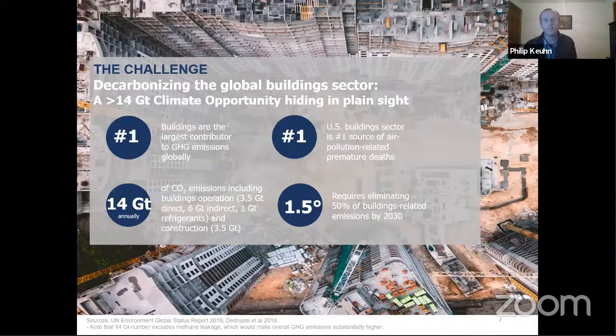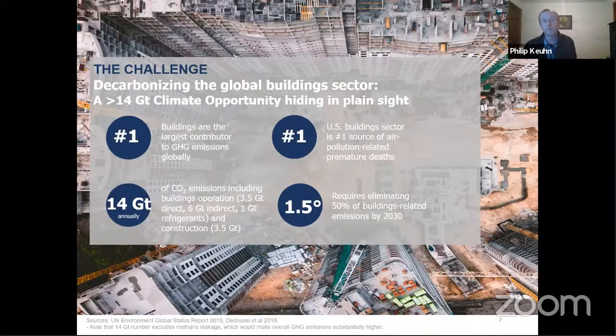So on the challenge side, we're very focused on the issue of climate change. So that really leads us towards carbon emissions coming from buildings. A few facts, I'm sure many people here are very aware of this, but buildings are the #1 contributor to greenhouse gas emissions globally, as well as air pollution related premature deaths.